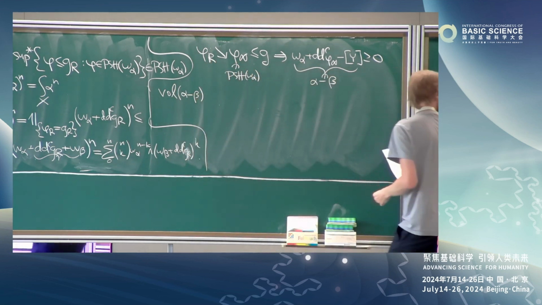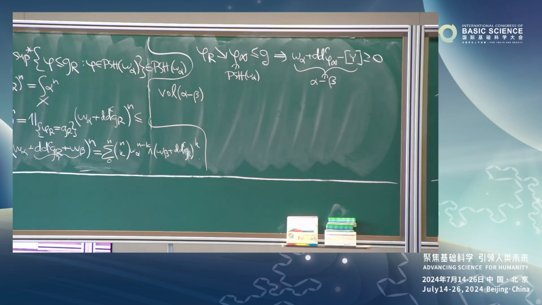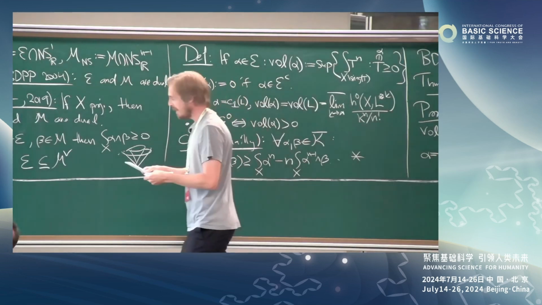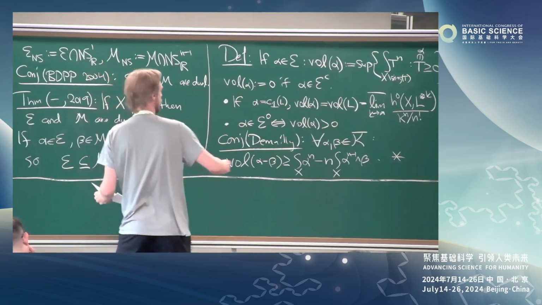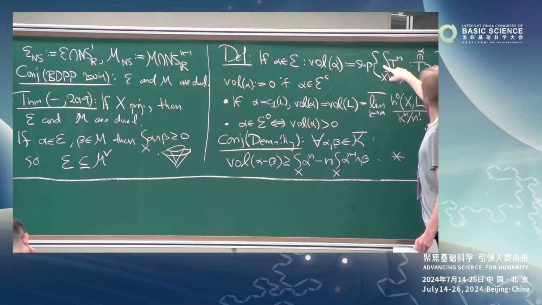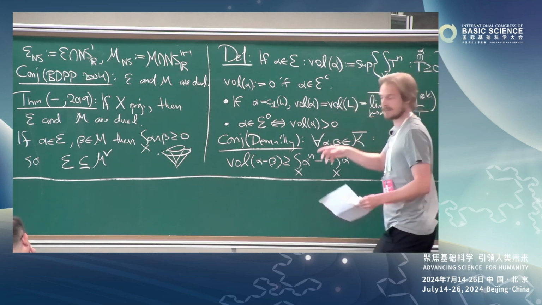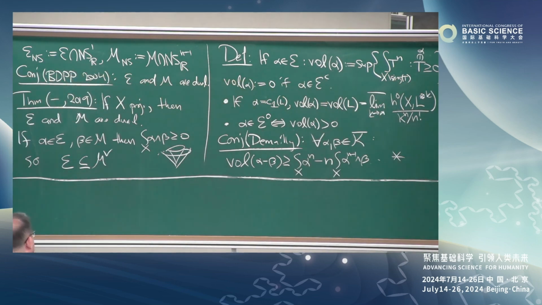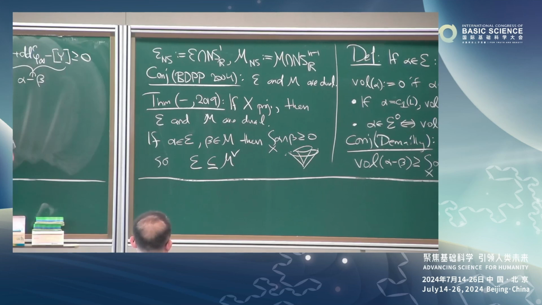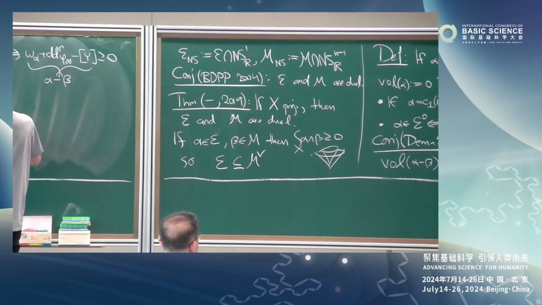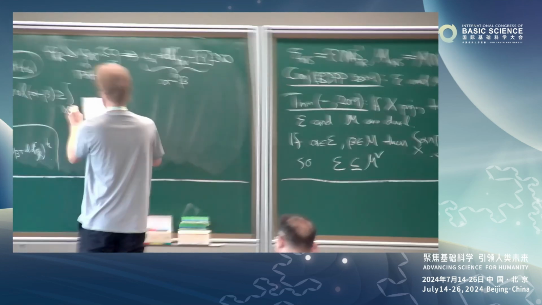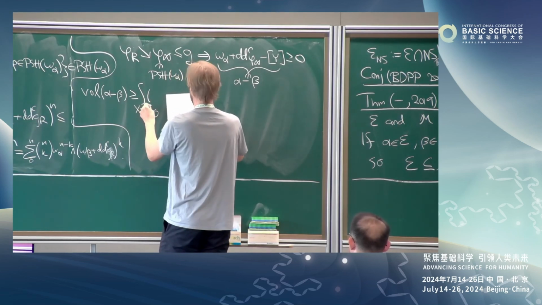Okay, so now I want to estimate the volume of alpha minus beta. And by definition here, the volume is the supremum of all such integrals. So it's going to be bigger than or equal to this integral.